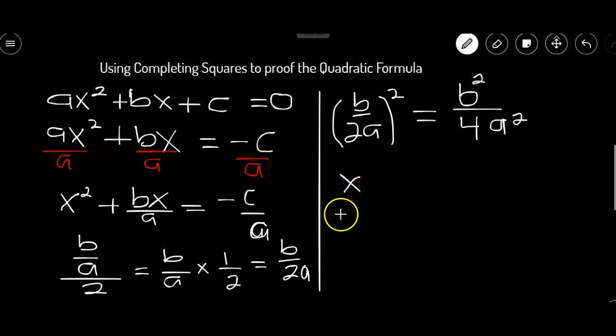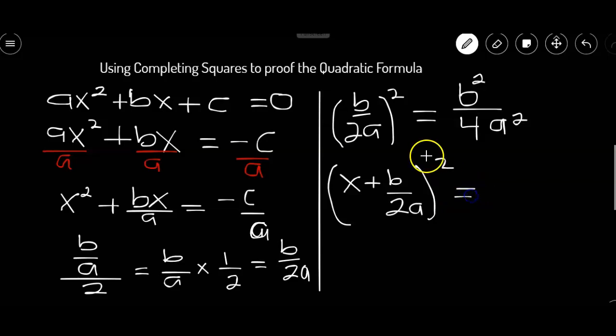So here, since this is positive, it's just plus b over 2a, and it's going to be all squared. Because when we add this one to this side, it's going to make it a perfect trinomial. And that is how it's going to look.